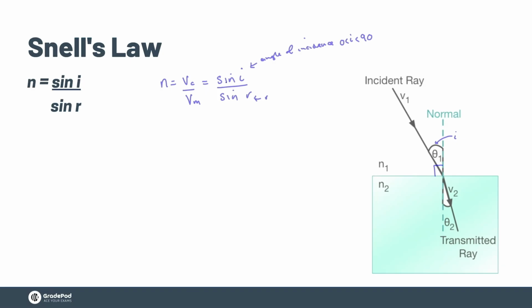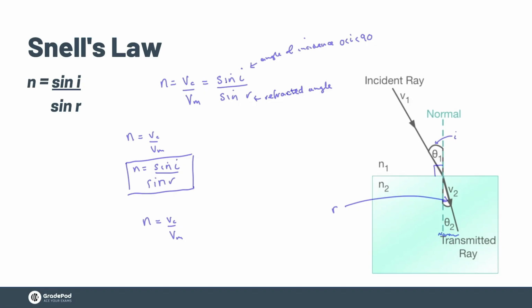r is the refracted angle. Once the light has gone past the boundary, you can see that there's still the normal here and there's a light ray close to it. This angle here is the angle of refraction, or the refracted angle. And again, it's between the light ray and the normal.